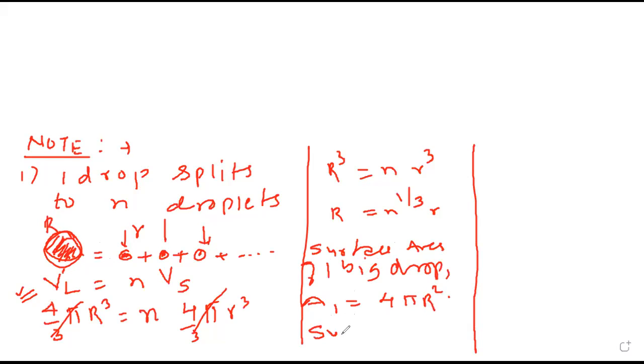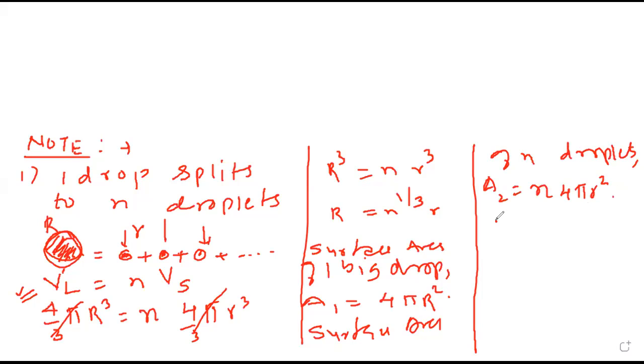Surface area of n droplets, A2, will be n times 4 pi r square. That is nothing but n times 4 pi, small r is capital R upon n raised to 1 by 3, whole square.